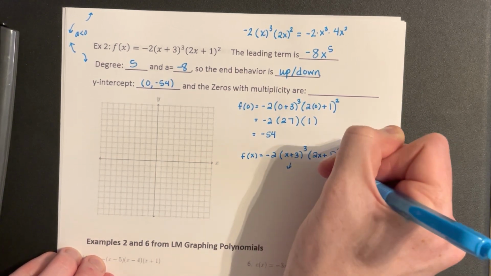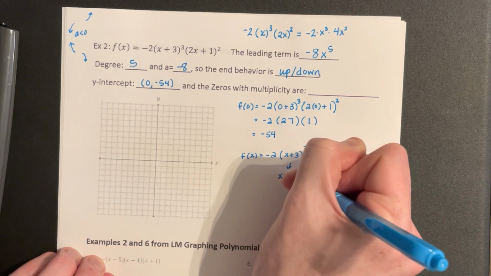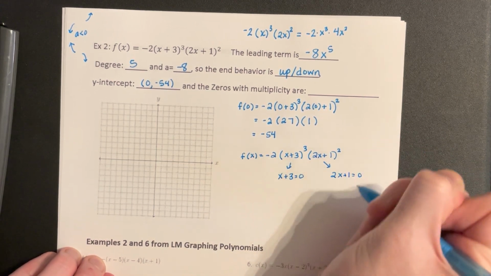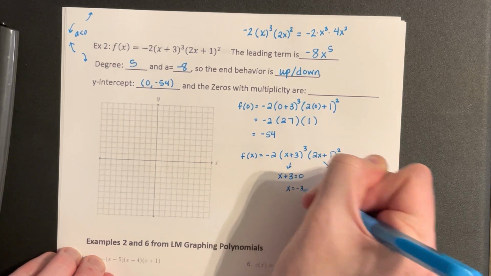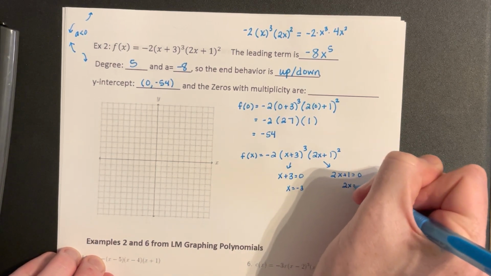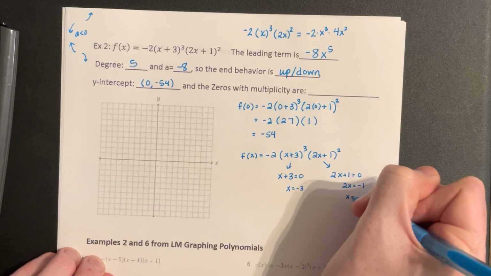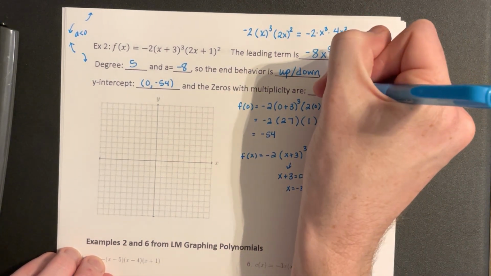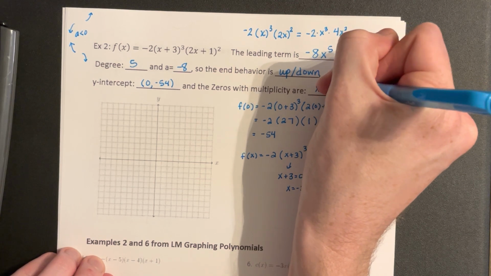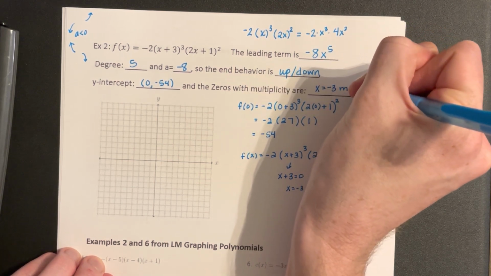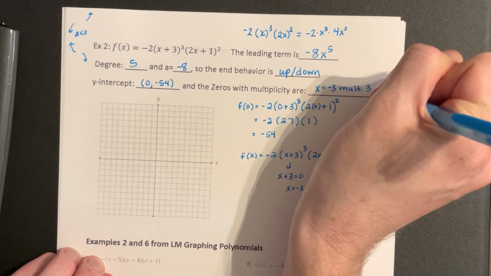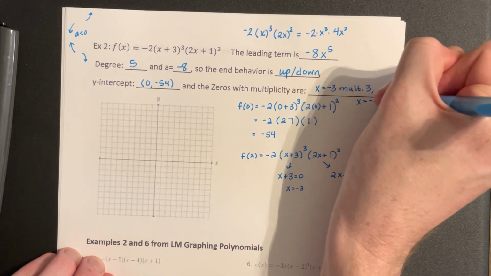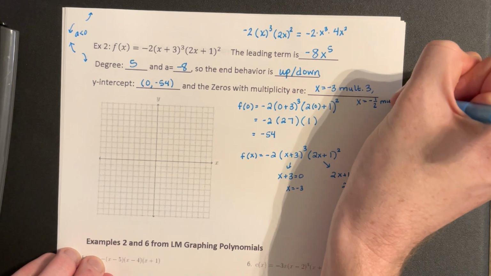If I set each factor equal to 0, hopefully by now you're seeing some patterns that are happening, I'm going to have x equals -3 and 2x equals -1, so x equals -1/2. Those are the zeros, so I would have a zero at x equals -3 with a multiplicity of 3, and another one at x equals -1/2 with a multiplicity of 2.